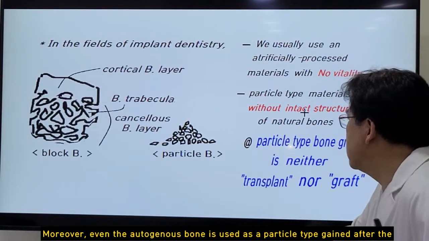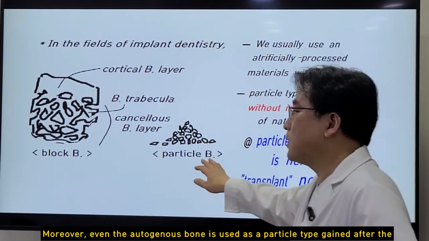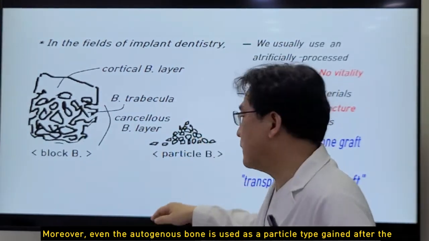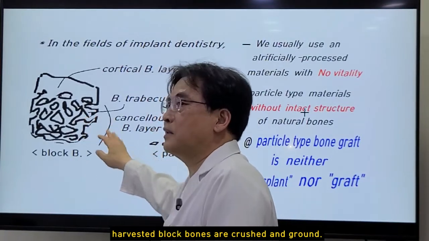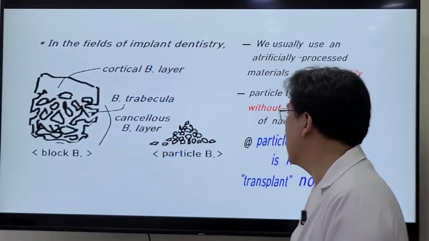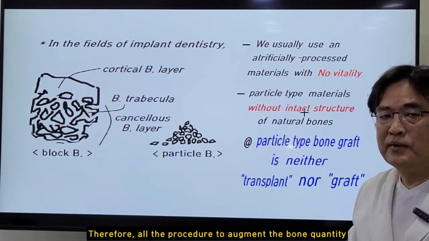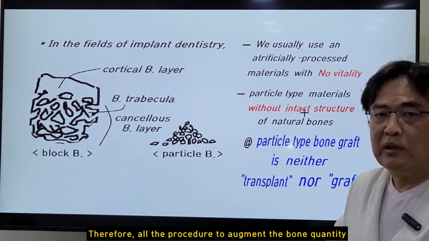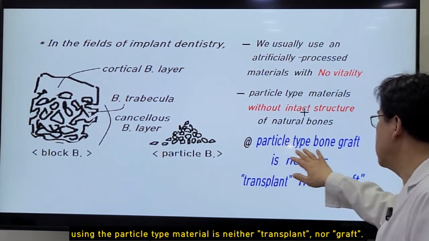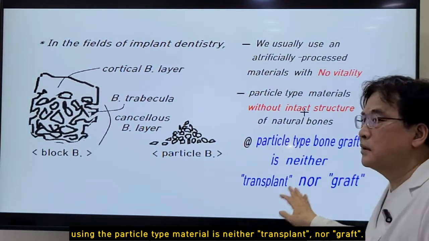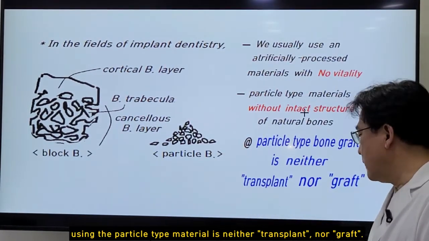Moreover, even autogenous bone is used as particles gained after harvest. The block bones are crushed and ground. Therefore, the whole procedure to augment bone quantity using particle-type materials is neither transplant nor graft.